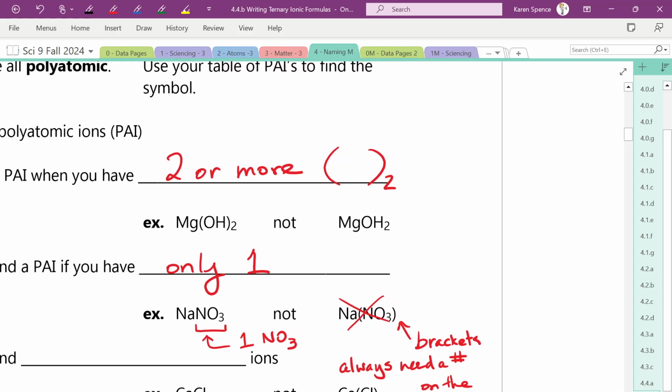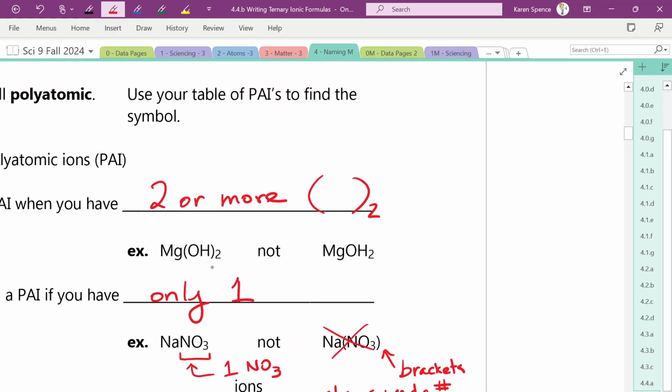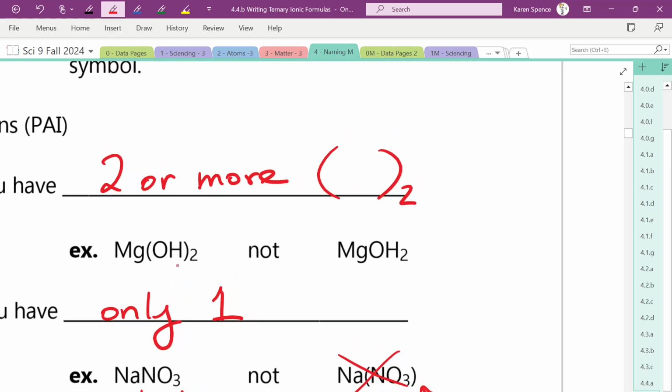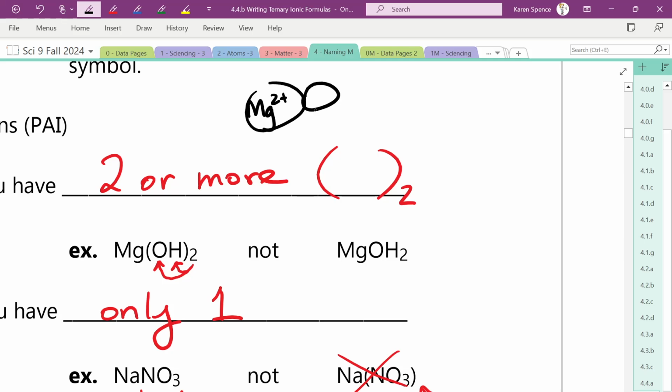And the reason for that is, let's say we had Mg(OH)2 with the little bracket. That tells us we have two O's and two H's. So that would look like Mg2+, and an O and an H, and an O and an H. That is bracket OH 2.